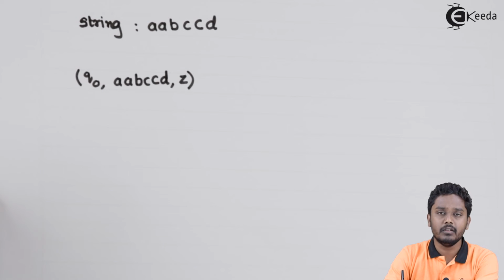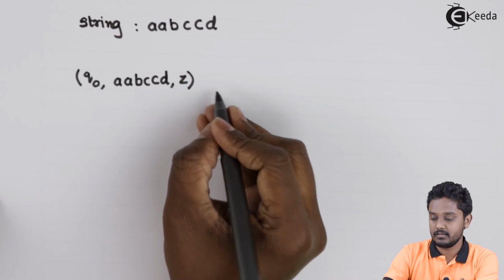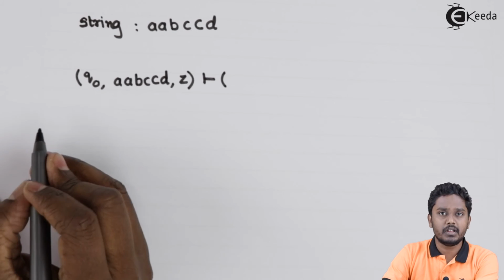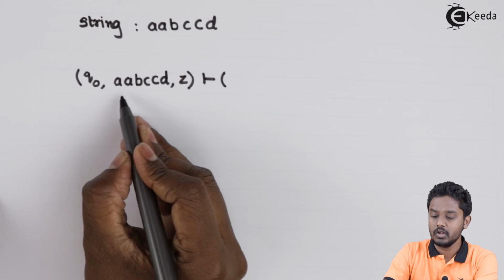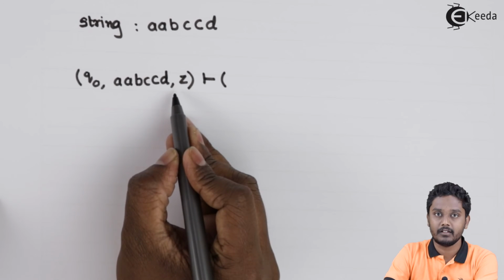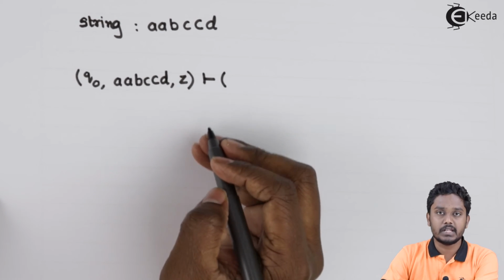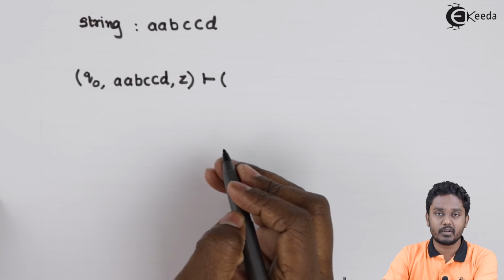Now we will do the first transition. We need to check Q0 on A with Z. As we're using the first branch, we will have a transition to Q1.